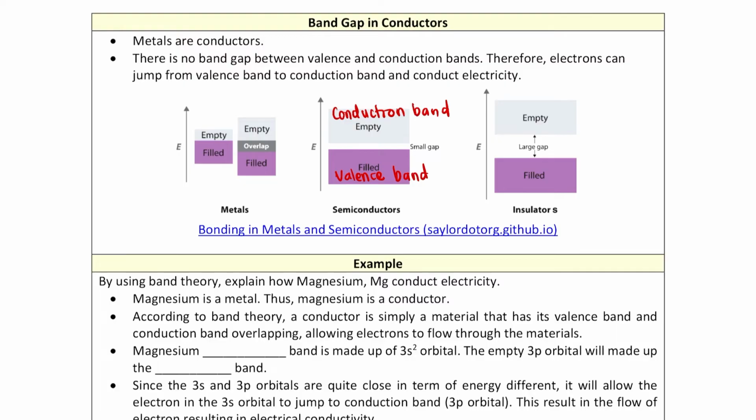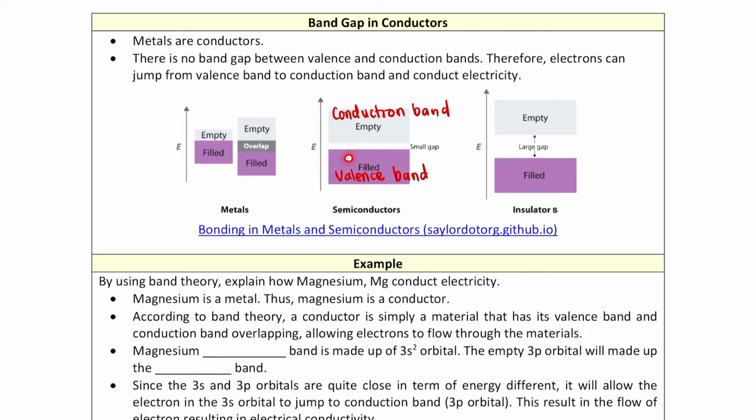Okay, so next kita tengok band gap untuk insulator. As you can see, the band gap for insulator besar. Okay, but if you compare band gap of semiconductor dengan insulator, you can see that the band gap is a little bit small lah compared to insulator. Okay, so for semiconductor actually dia boleh conduct electricity.